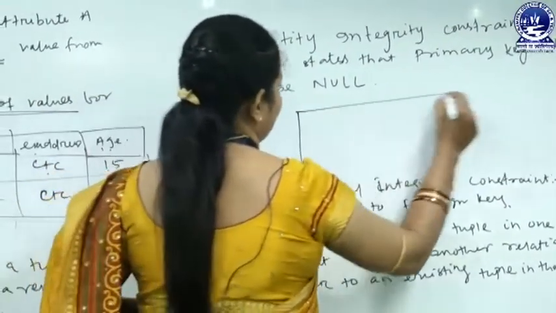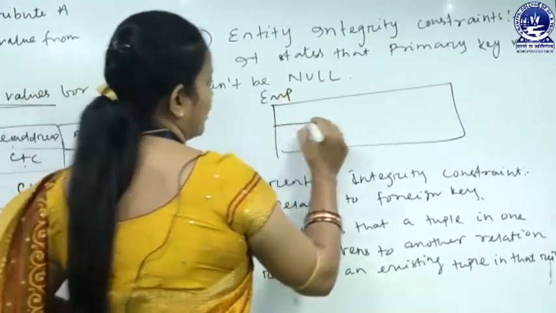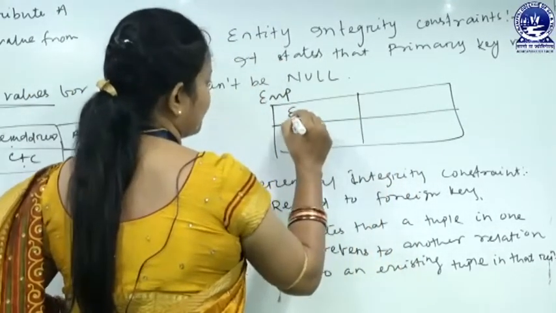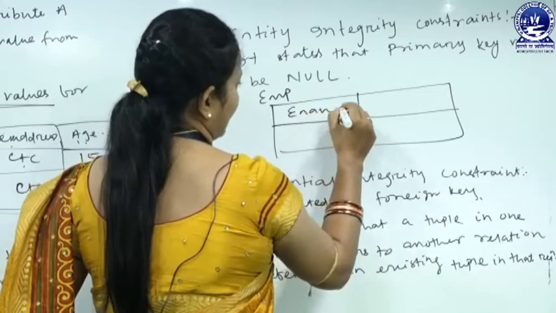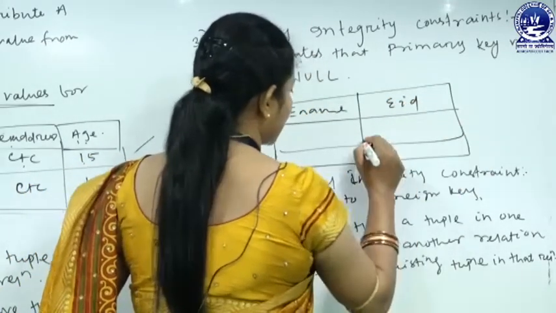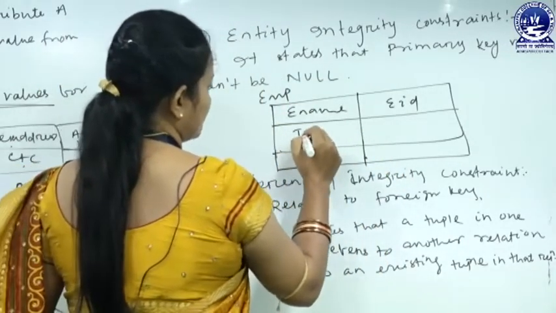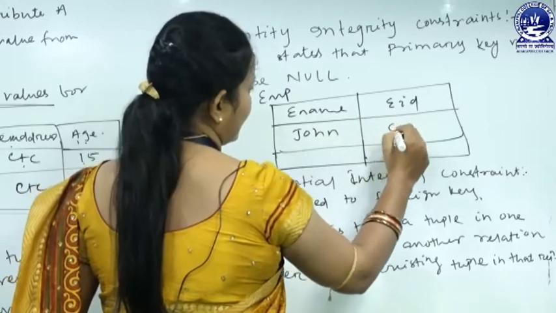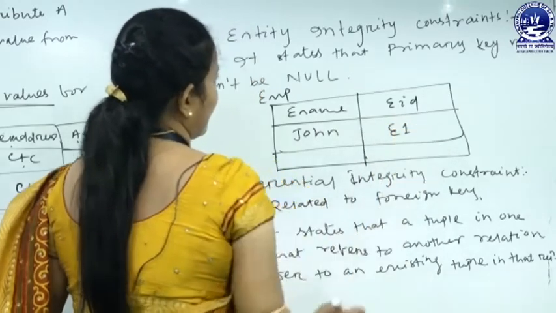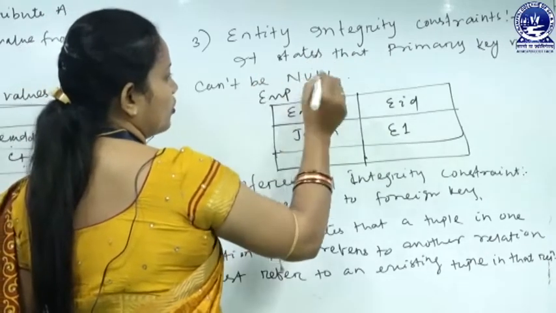Suppose there is an employee relation or table having attributes employee name and employee ID. Suppose I am putting the value of a particular tuple, that is employee name is John and EID is suppose E1, and the entity integrity constraint states the primary key value cannot be null.